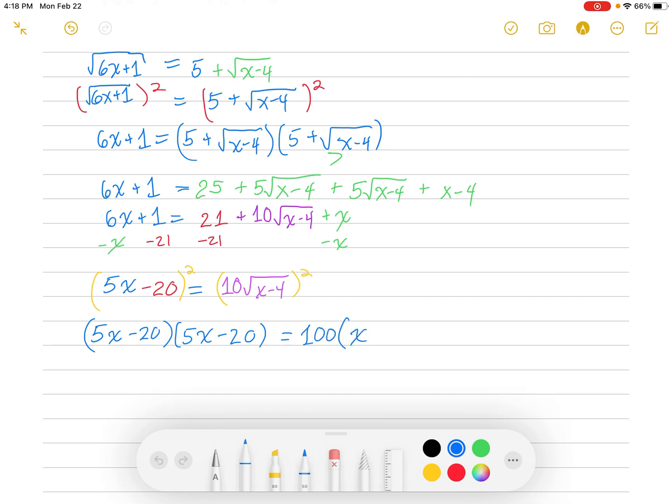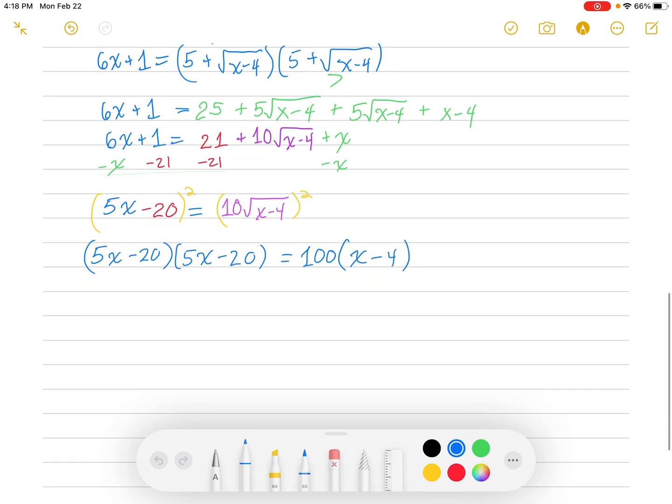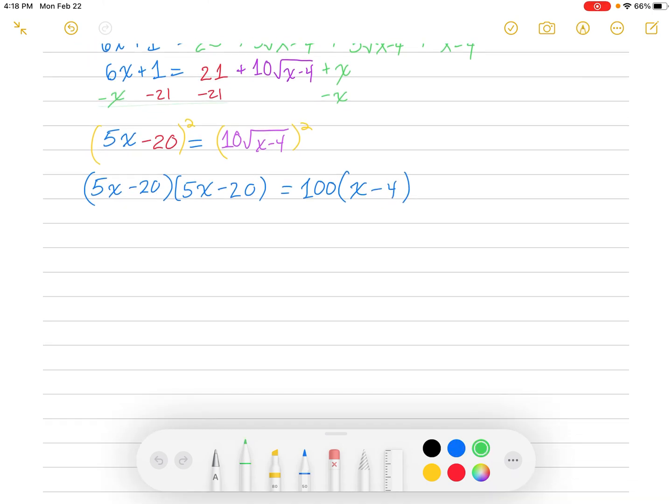And the radical squared is going to give me x minus 4. So on the left, I'm going to FOIL. 5x times 5x is 25x squared. 5x times minus 20 is minus 100x. Negative 20 times 5x is negative 100x. And negative 20 times negative 20 is positive 400. So that's FOILing on the left.